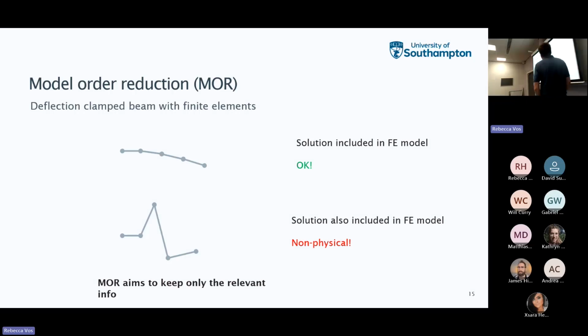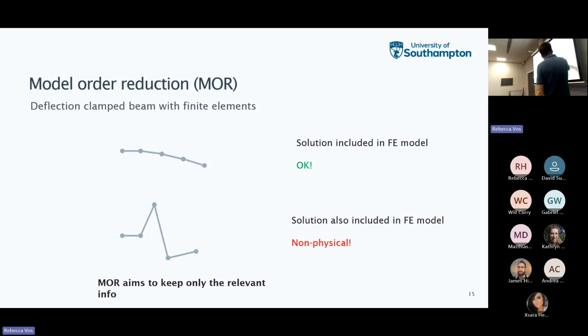So why does model order reduction work? This is just a bit of a thought experiment, really. Let's assume that we have a beam that's clamped on one side, and we try to model it with finite elements. The finite element solution will include, for example, this solution here, which, for a clamped beam with a force on the end, makes perfect sense.